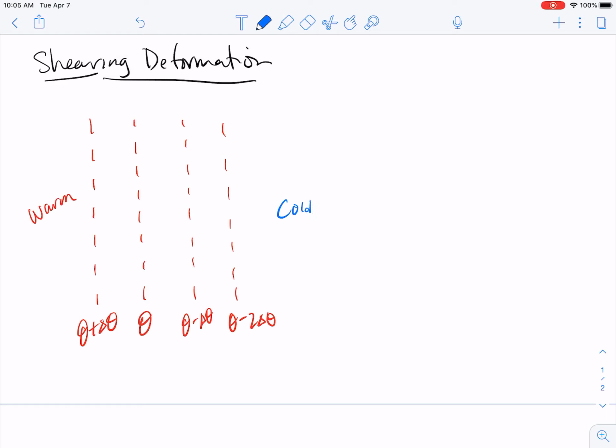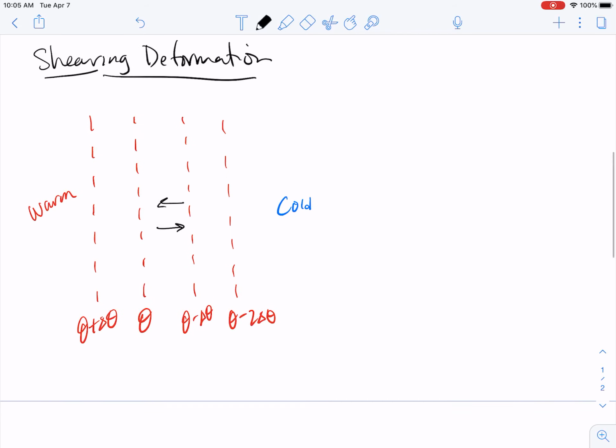and now let's assume some shear in the flow, right, due to this shearing deformation. And so right in the middle here is where we would have our winds going in opposite directions, such that that is where our shear is, getting stronger then as we moved away.